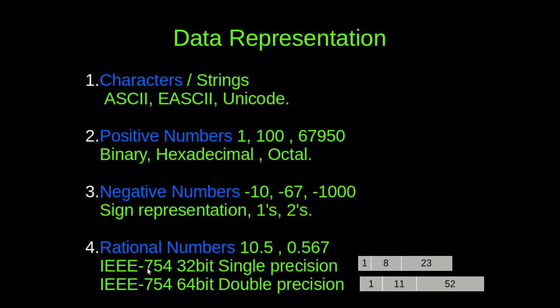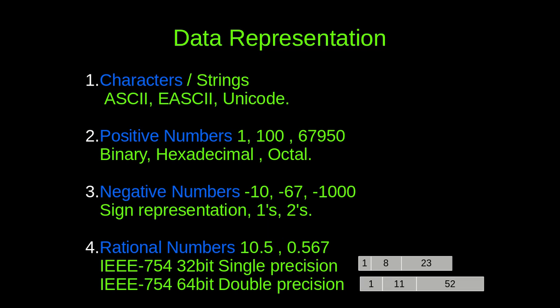Negative numbers: we have the sign representation, where I have 1 bit for the sign, the most significant bit. And which one is the most significant bit? The one that has the highest value, the one on the left. That one is reserved for the sign, and the rest is for the range. Then we have 1's complement, and we have 2's complement.